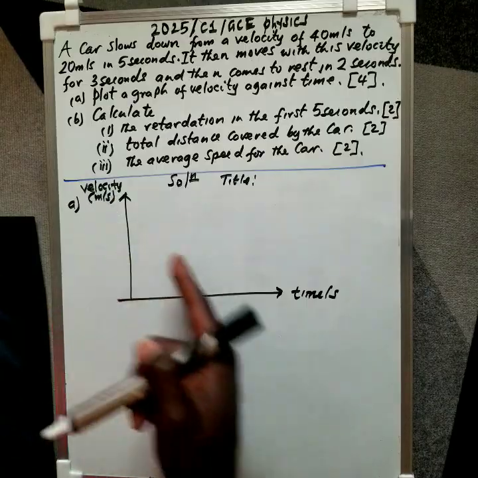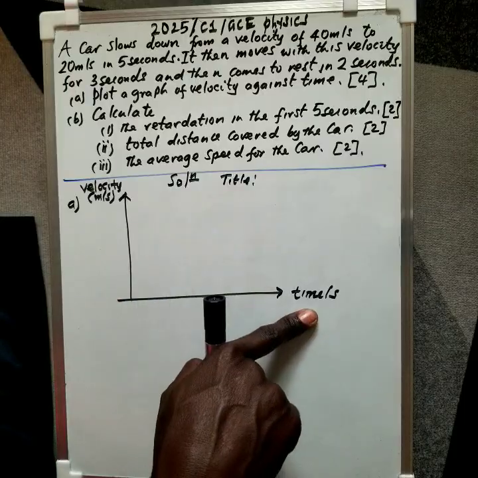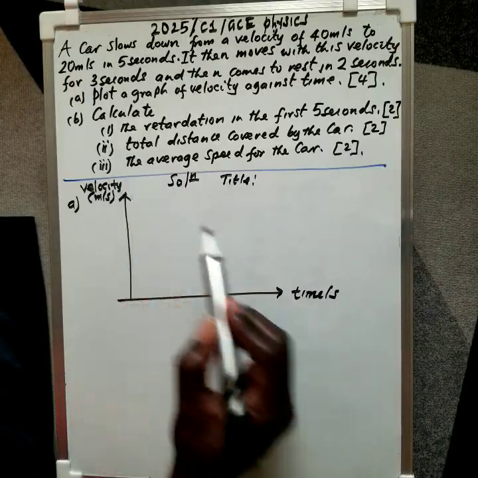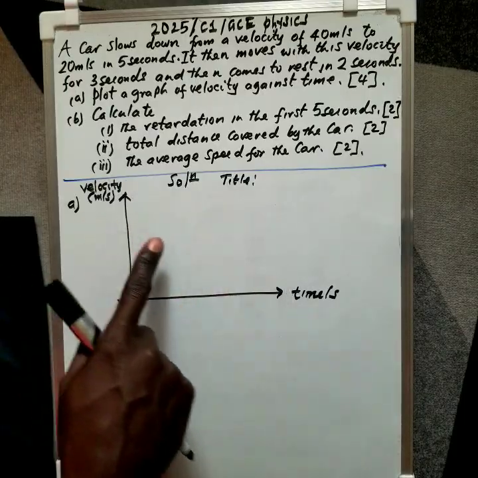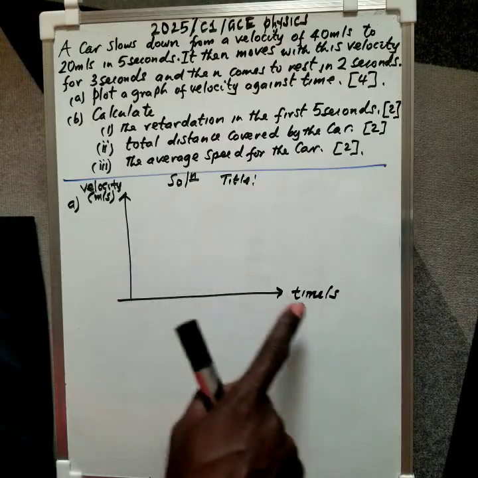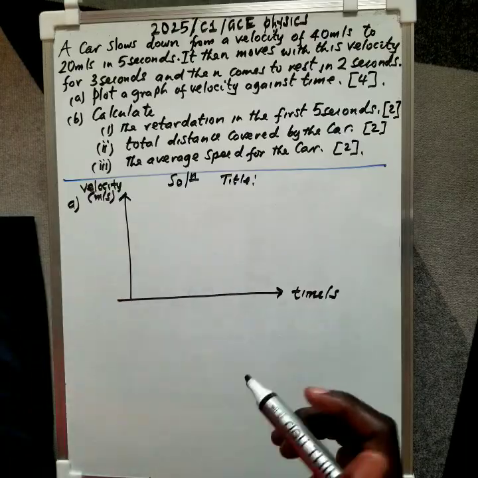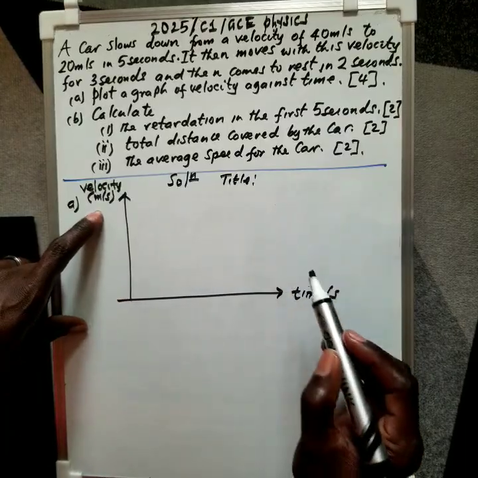So the title of your graph should be what is on the y-axis against what you have on the x-axis. Please don't write y and x. No, we do not want y and x as if you're drawing your mathematics. Just write the quantities that are supposed to be there, the variables. So in this case, velocity and time.